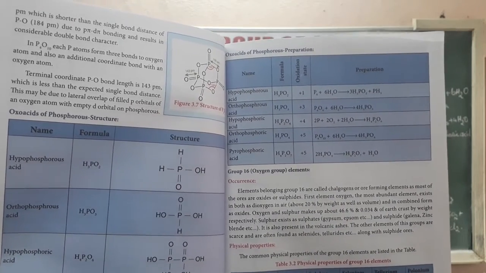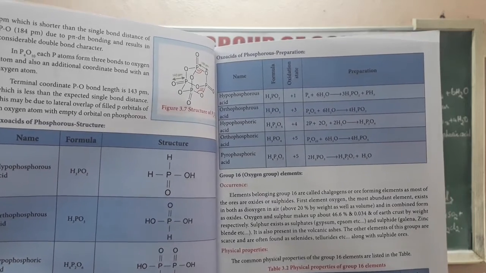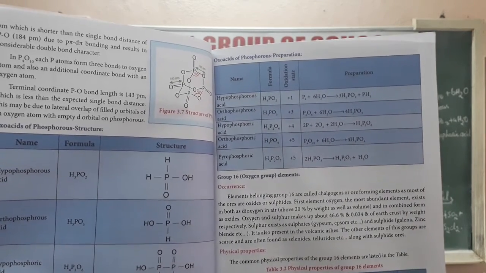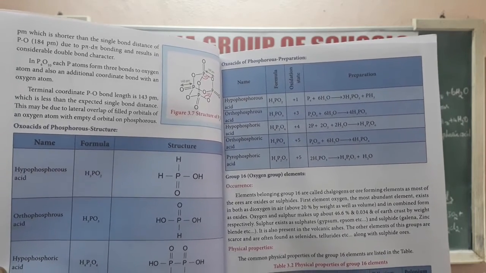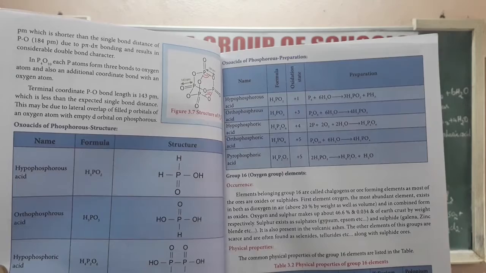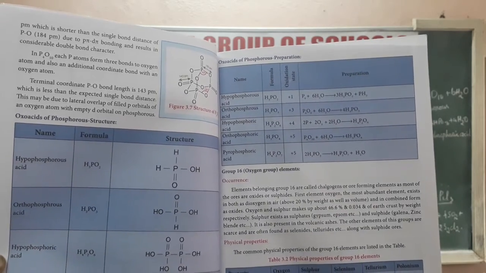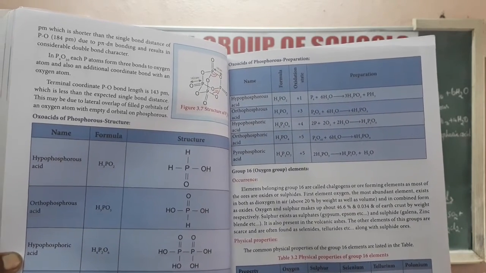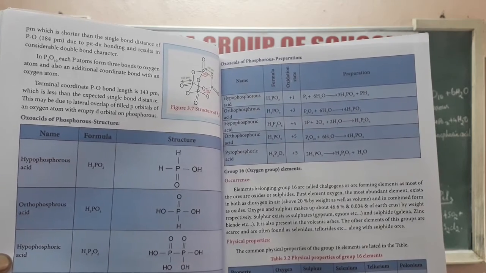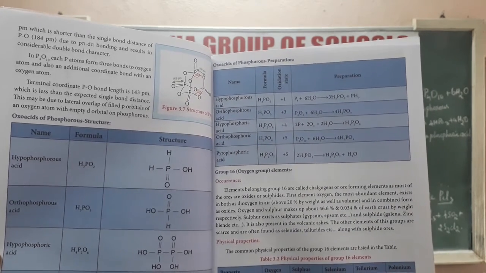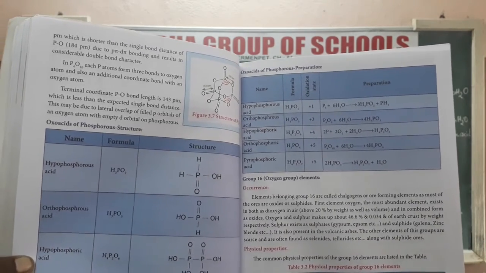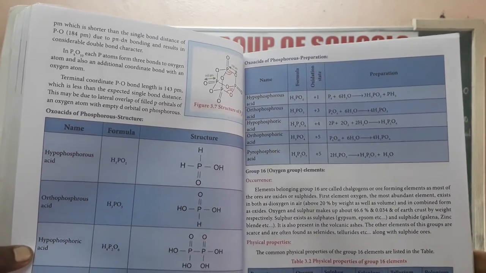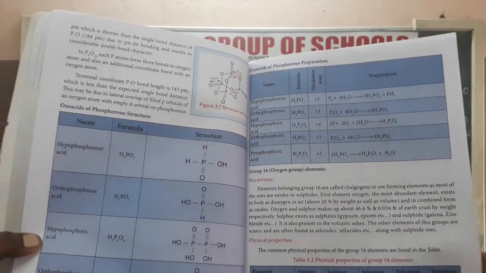You can see the textbook for the formulas along with structures, and also the oxoacids of phosphorus preparations are here along with oxidation states, from +1 to +5. For the preparations, we can get H4P2O7 along with water, that is pyrophosphoric acid. Okay, so students, you have to verify the textbook, page numbers 72 and 73.